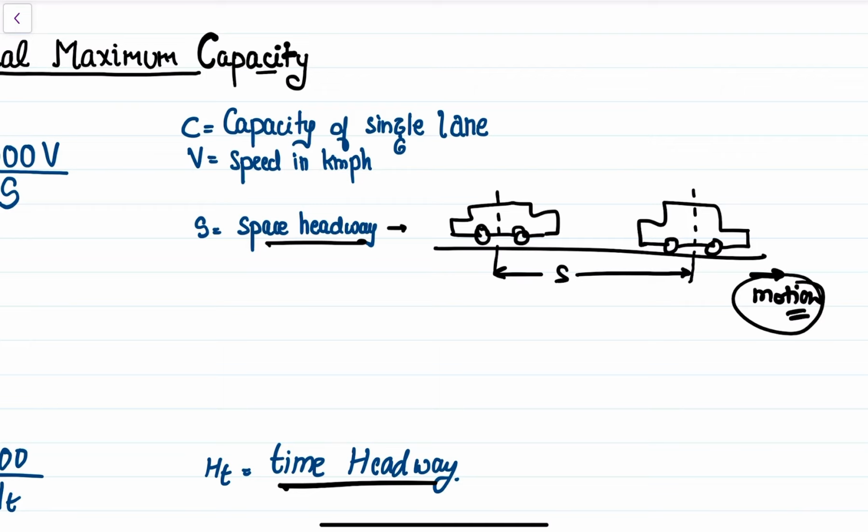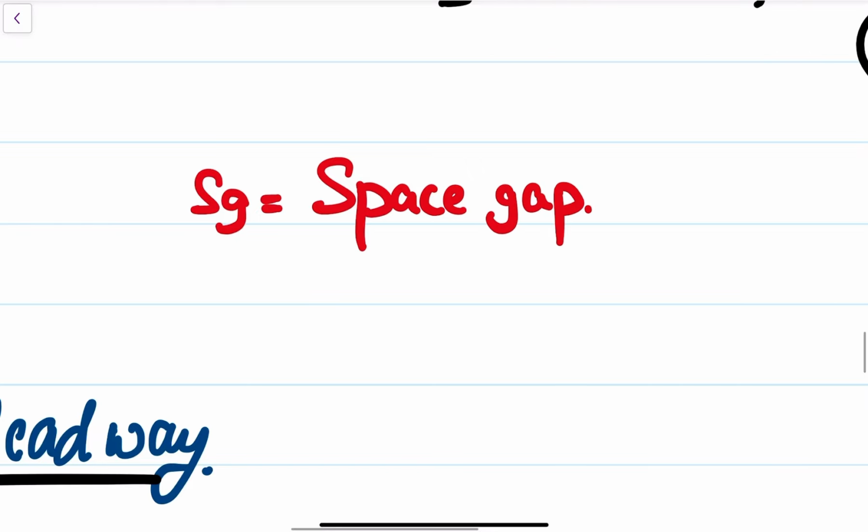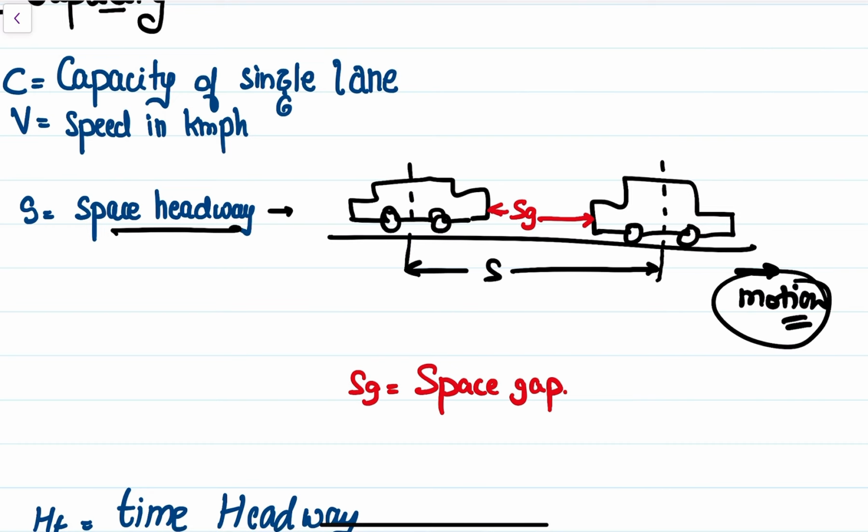So you can see if this is the space headway, and this is the spacing between the vehicles, that is denoted by SG. That SG we call the space gap. All right. So we can see space headway is this, right?